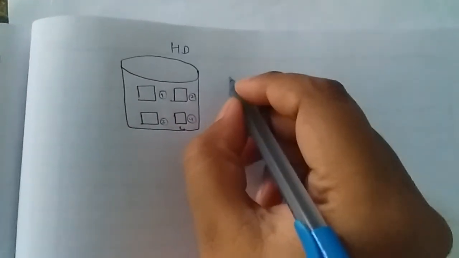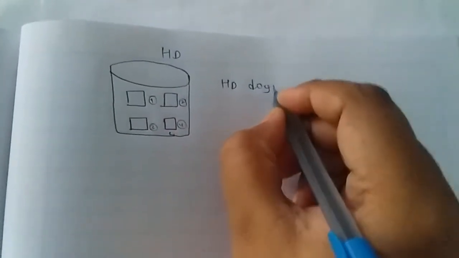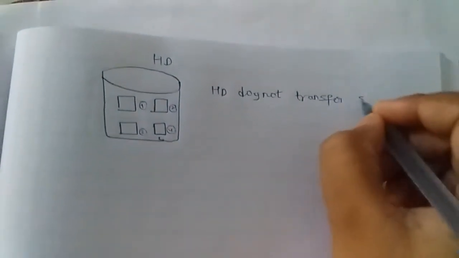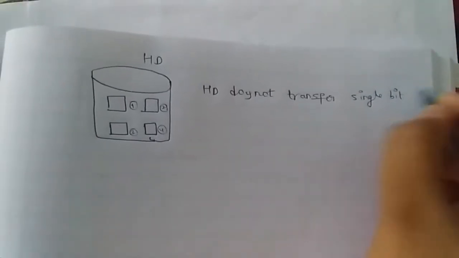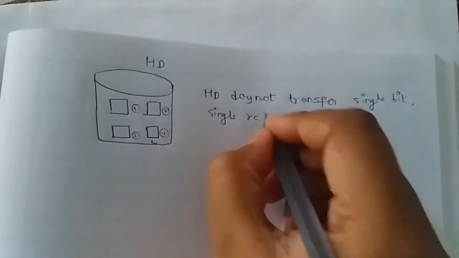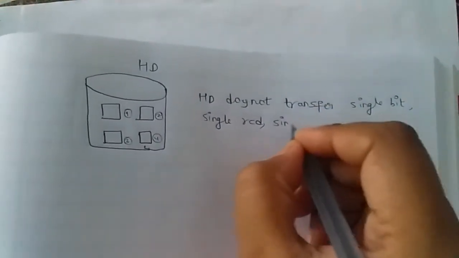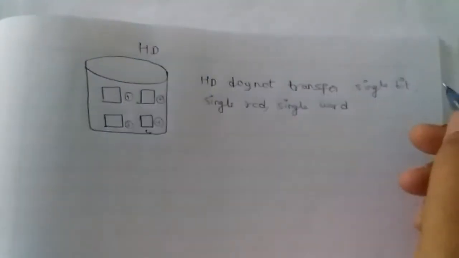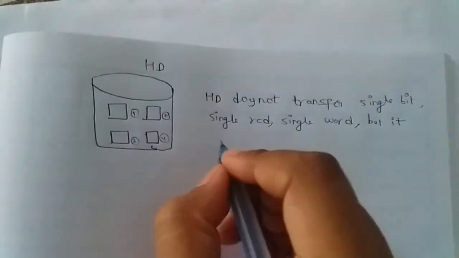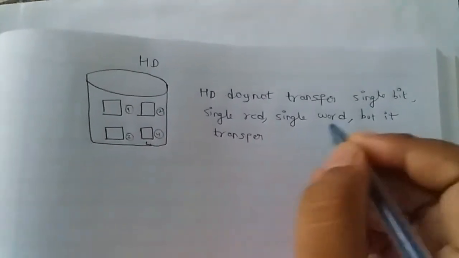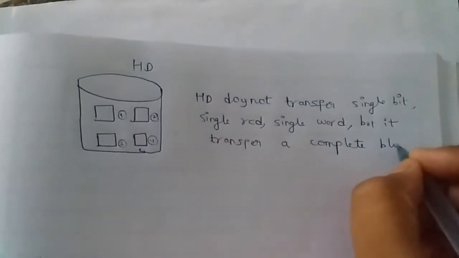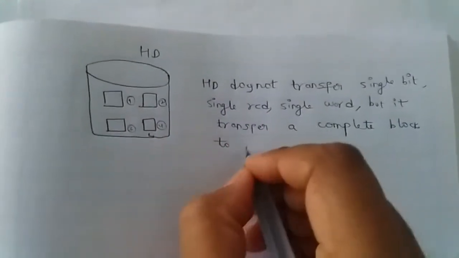The hard disk does not transfer a single bit, a single record, or a single word, but it transfers a complete block to RAM.